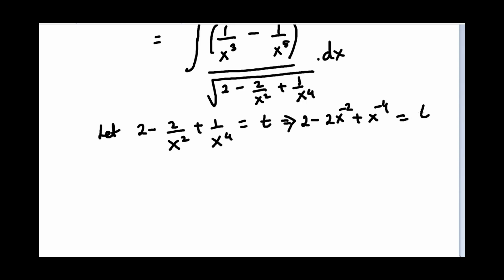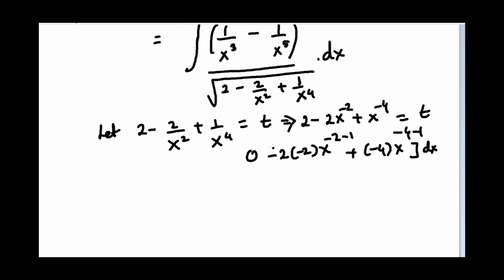Now if you were to differentiate this, you get 0 minus 2 times negative 2 times x to the power of negative 2 minus 1, plus negative 4 times x to the power of negative 4 minus 1, times dx, is equal to dt.